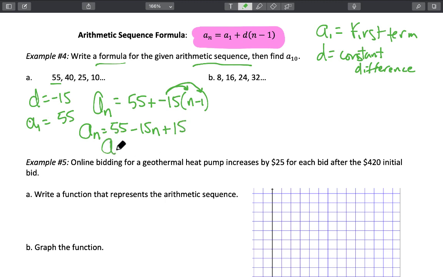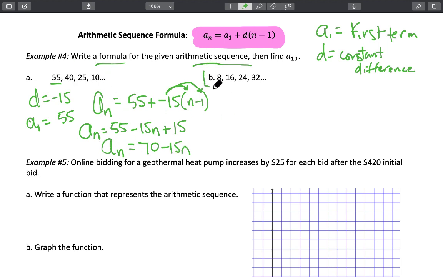So here's my final sequence. A sub n is equal to, I combine my 55 and 15, is not 60, it's 70. All right, there we go, 70 minus 15n. And there's my formula for my sequence up here.